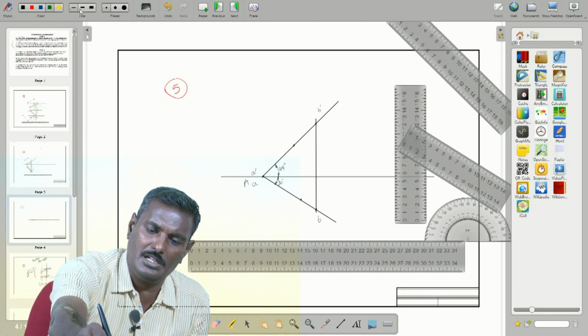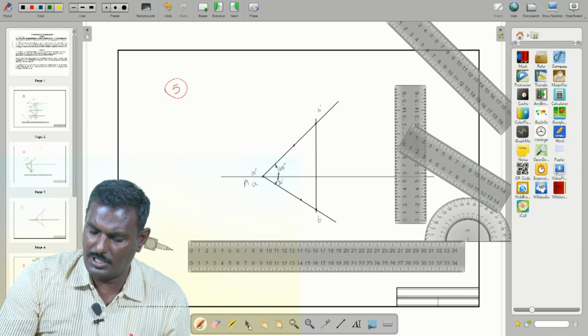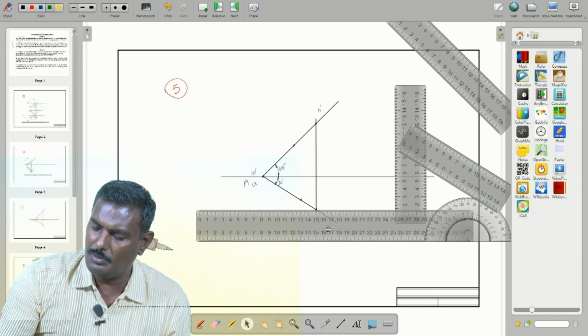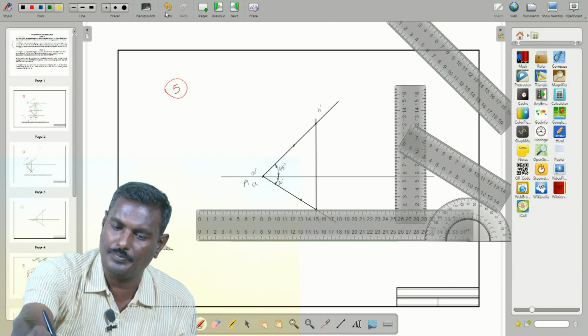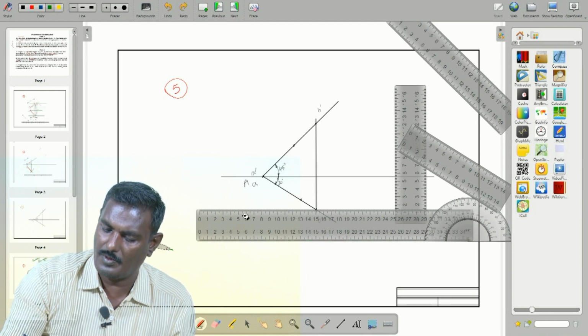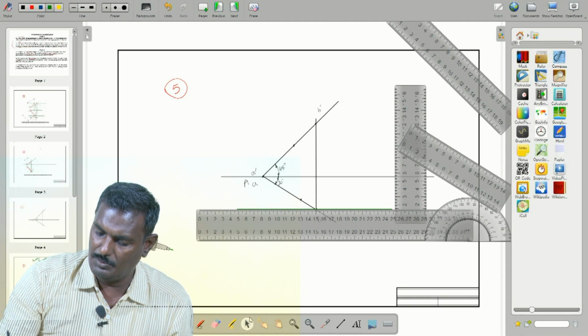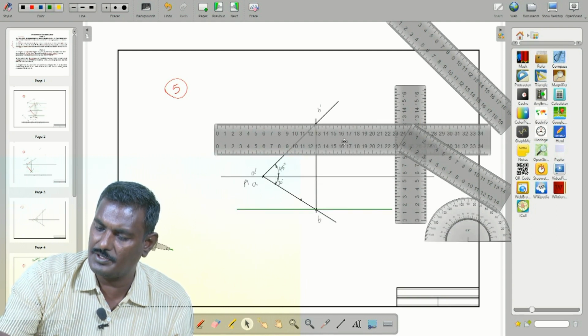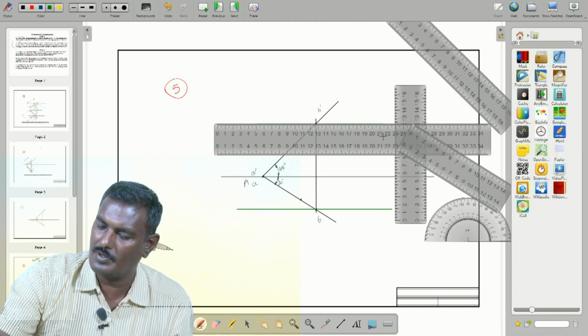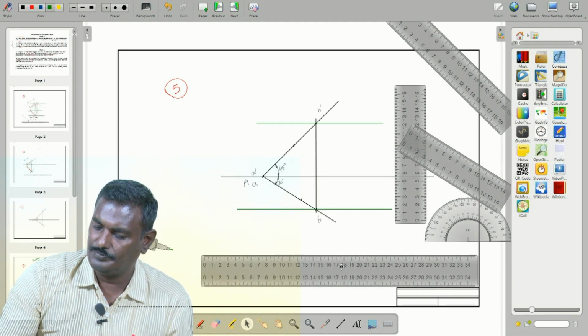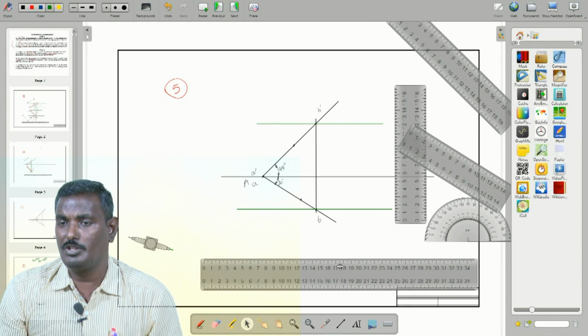I just change the colors to green and draw the locus line from small b, and similarly from small b dash.